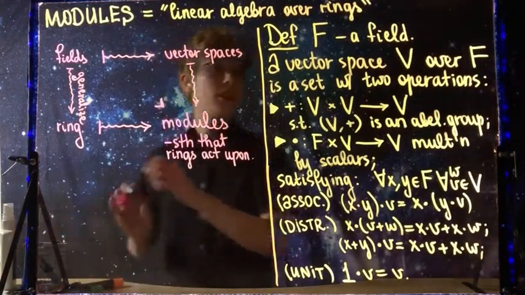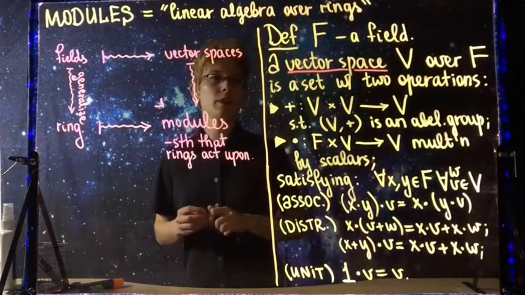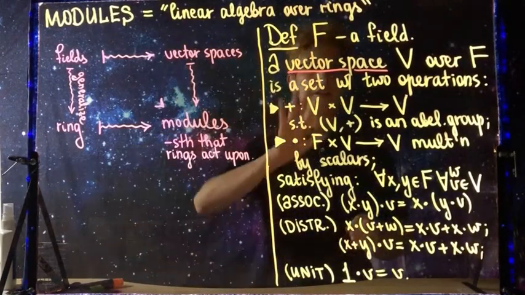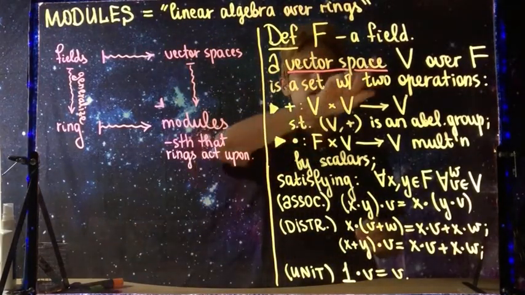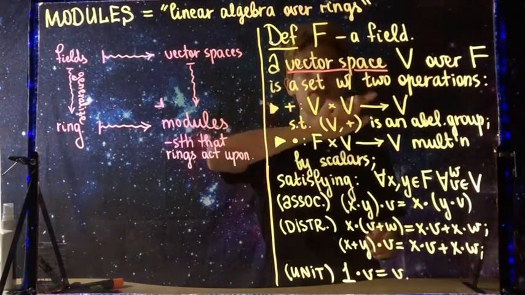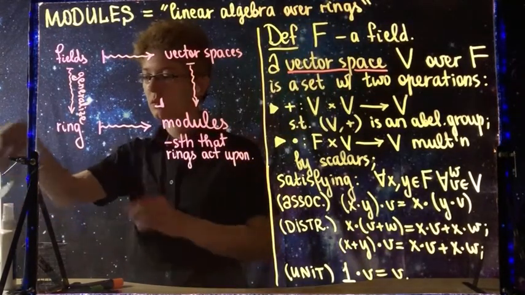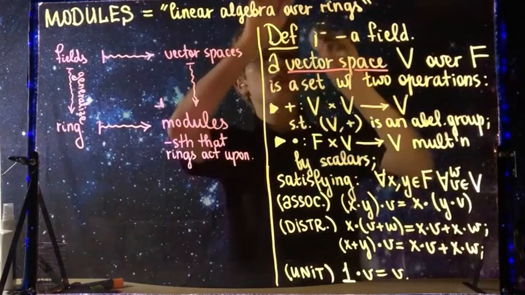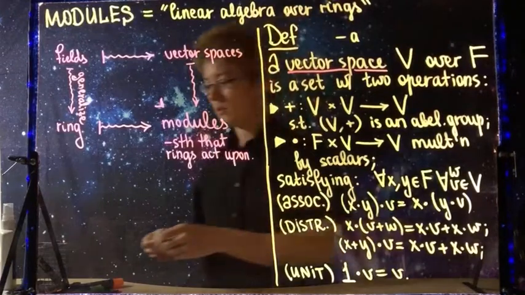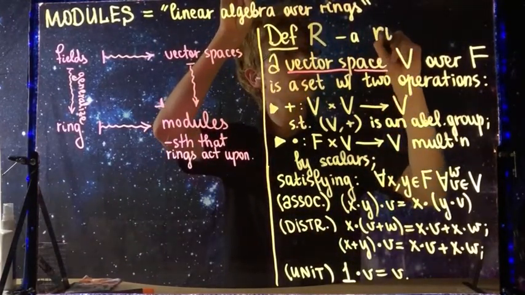Okay, so that was the definition of a vector space. And now let me define a module by erasing words like field and vector space and replacing them with ring and module respectively. So now we take R to be some ring. R is a ring.